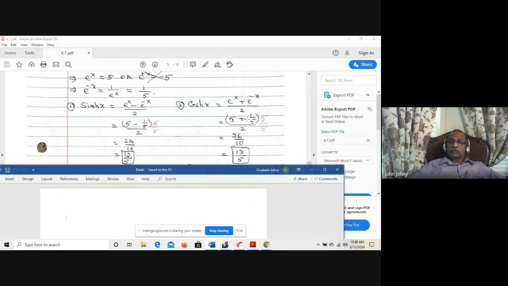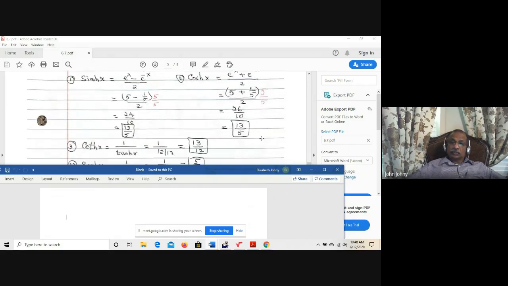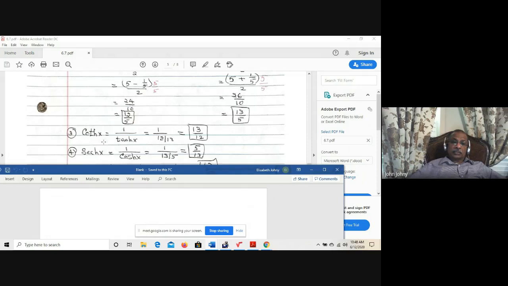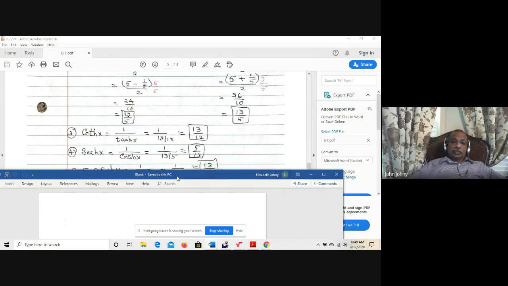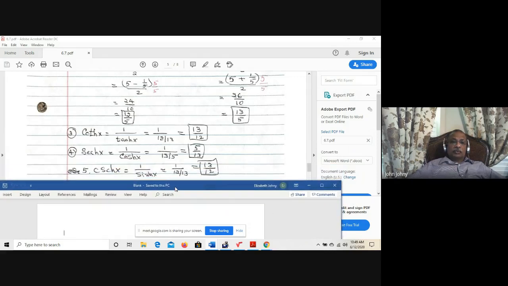So 5 plus 1 over 5 all divided by 2, multiply by 5 over 5. You get 25 plus 1, that is 26 over 10, that is 13 over 5. Coth x is the reciprocal of tanh x, so it is 13 over 12. Sech x is the reciprocal of cosh x, that is 5 over 13. Cosech x is the reciprocal of sinh x, that is 13.